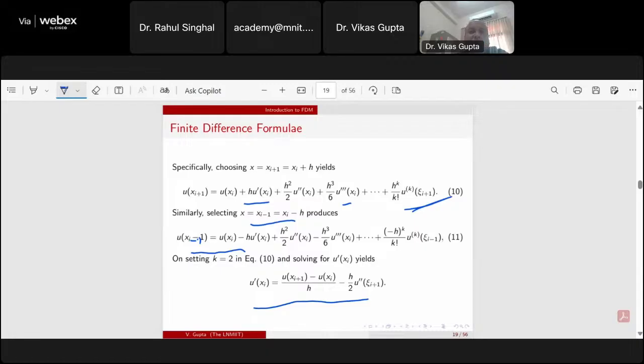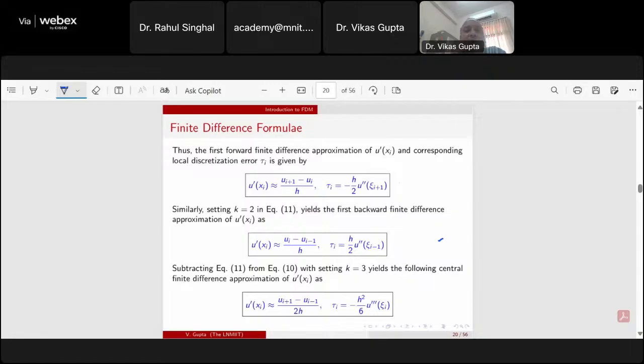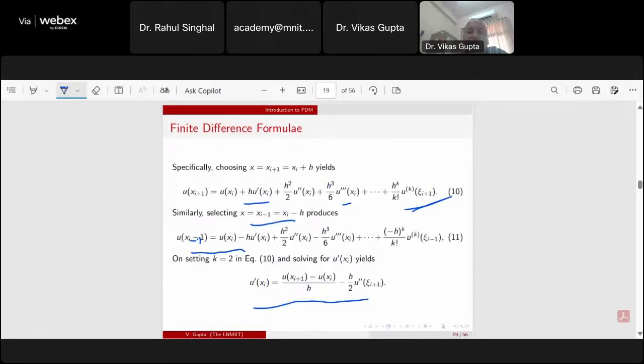So this formula is the approximation of the first order derivative at the point xi, and it is approximated by (u(i+1) minus ui) upon h. We obtained this approximation from equation number 10, setting k equal to 2 and then solving for u prime (xi).